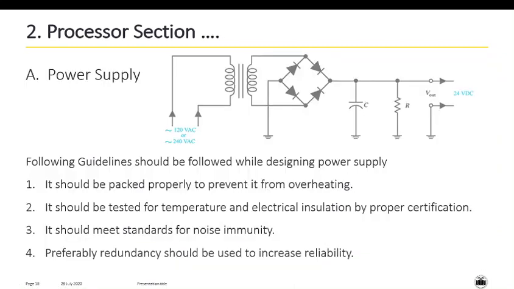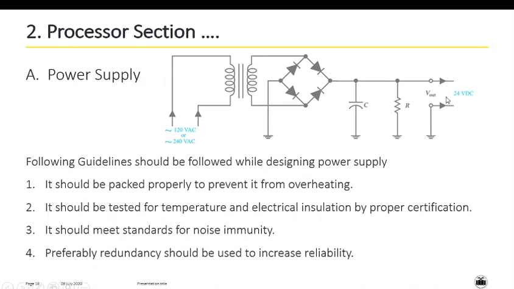In the processor section, the first one is the power supply. Our power supply is similar to the power supply which we use in any kind of circuit. There is a transformer which converts 240, 120 or any kind of voltage into the appropriate voltage.